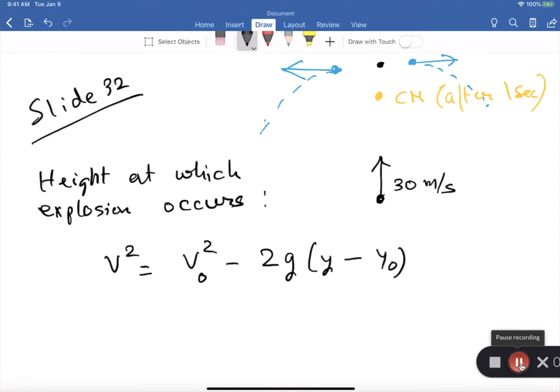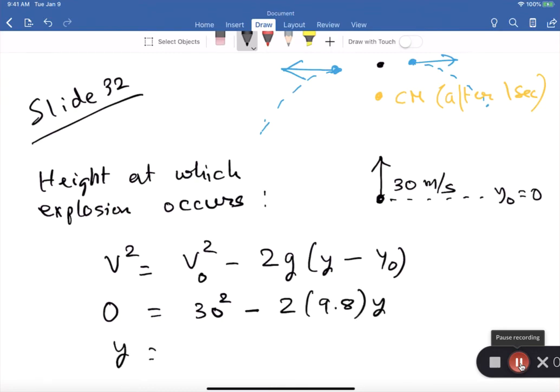We'll take Y initial to be 0. We are solving for Y. V final is 0 because the explosion happens at the maximum height. So 0 equals 30 squared minus 2 times 9.8 times Y. You can solve for Y from here: 30 squared divided by 2 times 9.8. Let me plug that into a calculator.